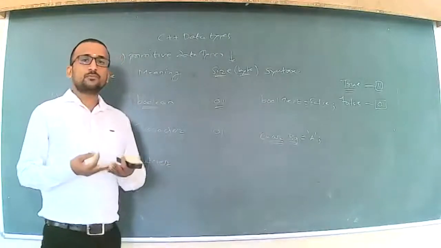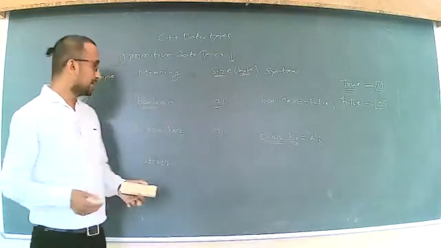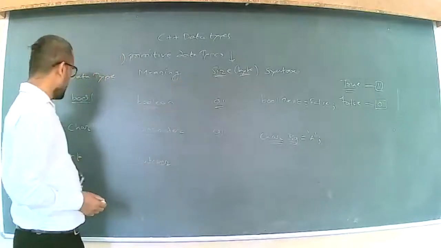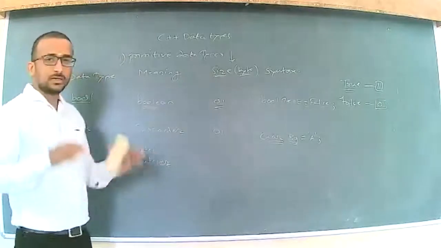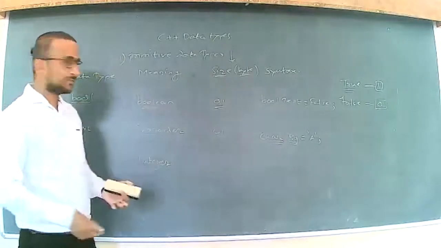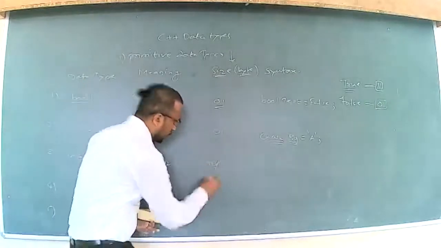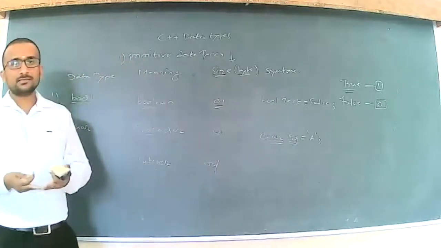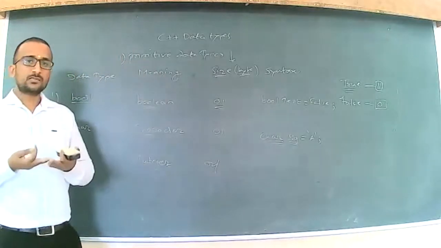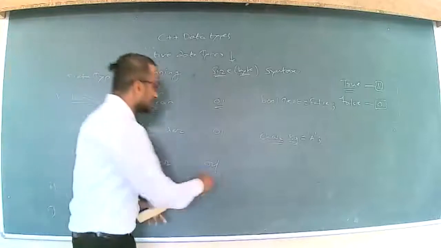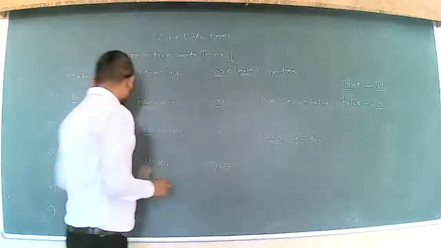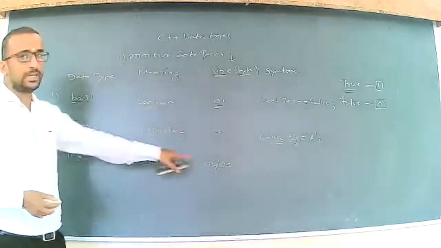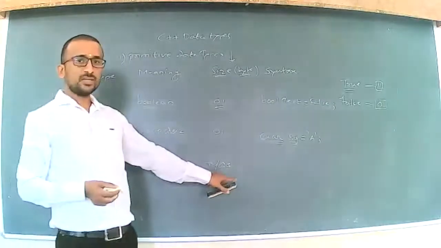Previously, while studying the C programming language, you might have heard that the size of the integer data type occupied in your memory space is 2. But for the latest C++ compilers, the size occupied for the integer data type will be 4.